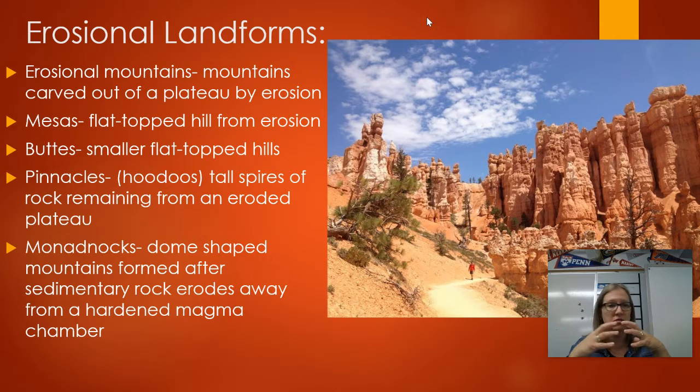Sometimes that hardens. There's no more magma cycling through it, so it cools off and becomes solid rock under there. If the softer rock on the outside of it erodes away, what's left is this dome-shaped mountain, and that's the monadnock landform there. Okay.